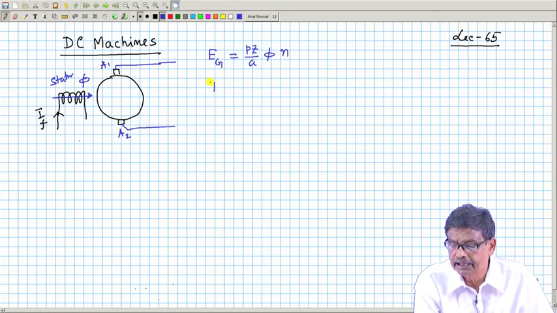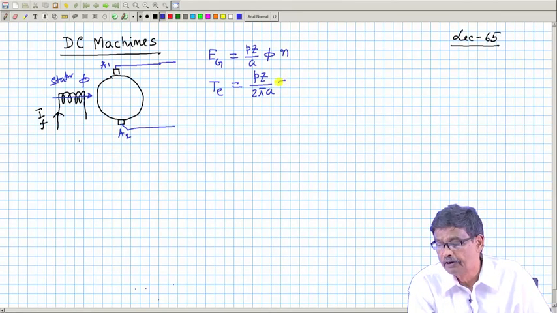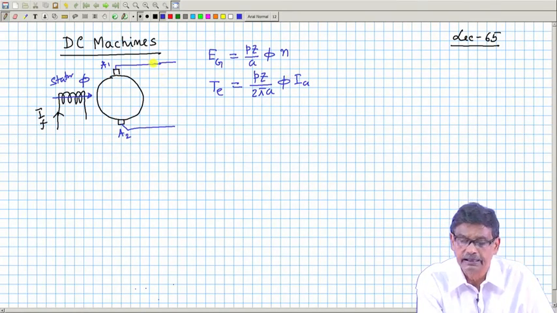And if the armature carries current, then the electromagnetic torque is Pz by 2 pi A into phi into Ia, where Ia is the armature current.